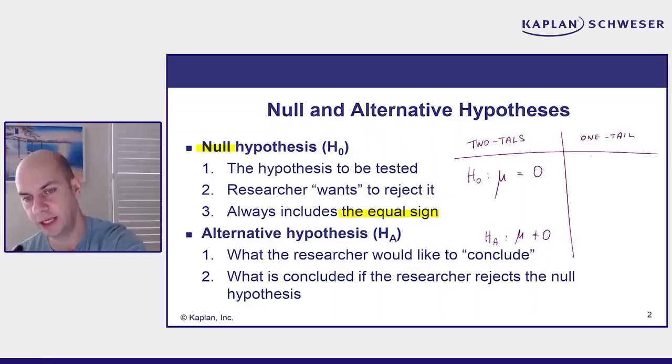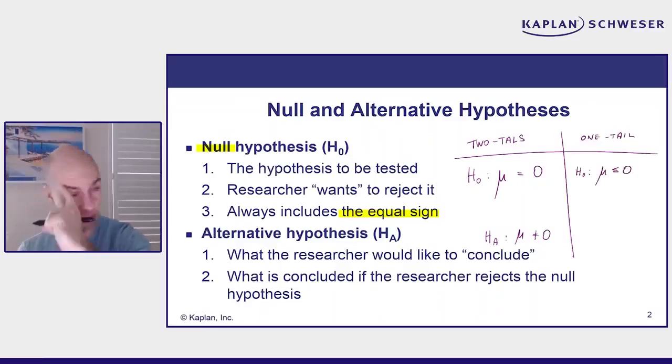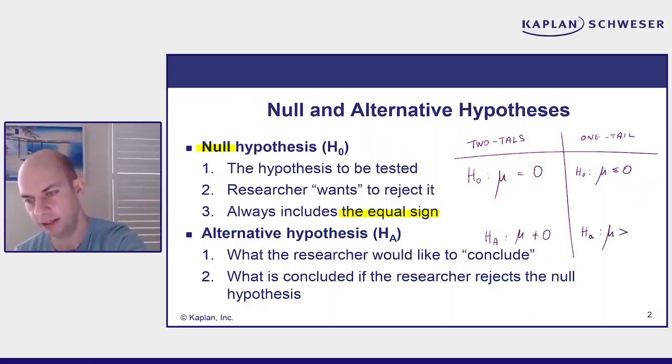Well, with the one-tail example, the null could perhaps say that the mean is less than or equal to 0. So in this case, what we want to reject is the fact that the return is negative or 0. And of course, the remaining state of the world here is that the mean is greater than 0, which of course is desirable.